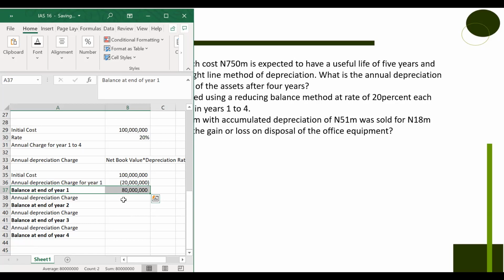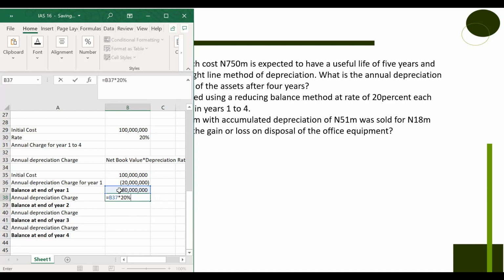Yes, sir. Okay. So our depreciation charge for year 2 will be what? This net book value times our depreciation rate. Can you calculate it for me and tell me what you have? It will be 80 million times 20%. I want you to use your calculator.